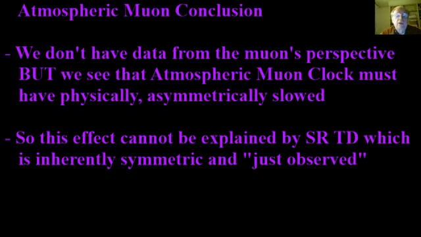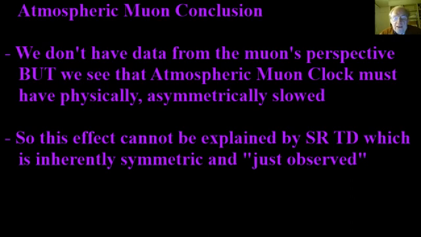So, looking at the data from muons that were created in the upper atmosphere and hit the Earth. To make the exposition simple, I've been talking about a single muon, but the basic logic applies if you look statistically at a whole set of muons. There can't be that many that hit the surface of the Earth without having the problem that we just talked about.